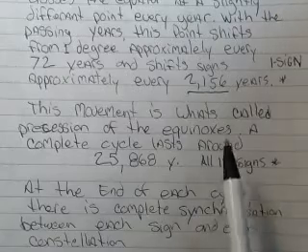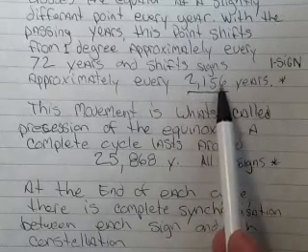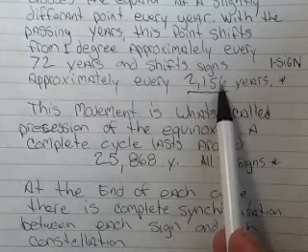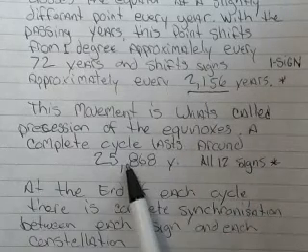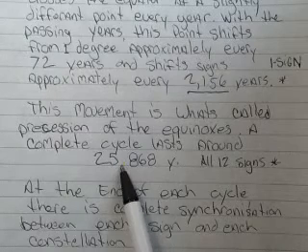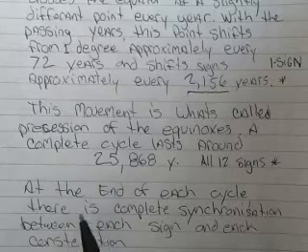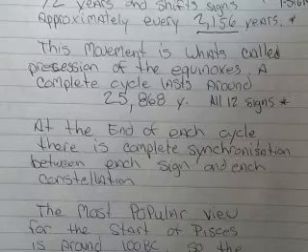So 12 signs, each sign equaling about 2,150 years to transition, comes roughly to about 26,000 years. Okay? So at the end of each cycle, there is a complete synchronization between each sign and each constellation.